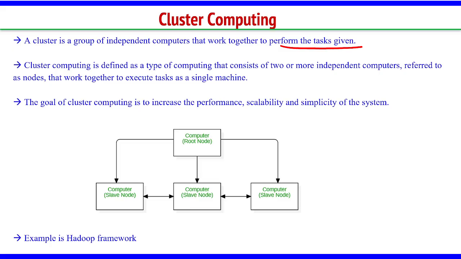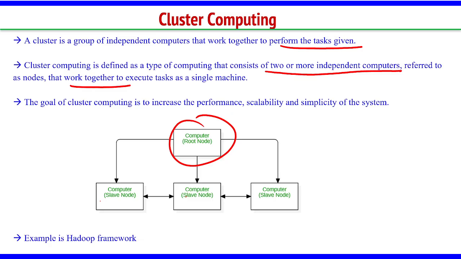Cluster computing is defined as a type of computing that consists of two or more independent computers, referred to as nodes, that work together to execute tasks as a single machine. The goal is to improve the performance, scalability and simplicity of the system. There will be a root node and some slave nodes. They can connect and talk to each other and solve the problem.